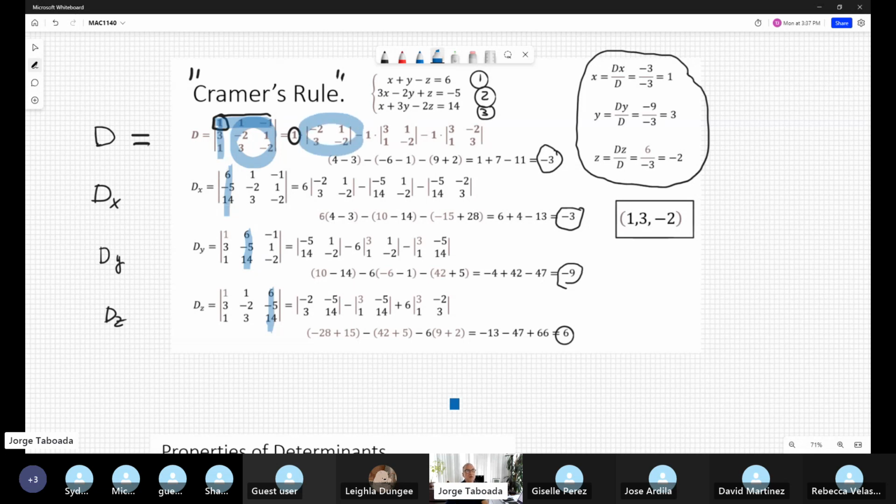You see? And this determinant is pretty easy because negative 2 times negative 2 is positive 4, and 3 times 1 is 3, but when you multiply in that direction, you include one extra negative 1.